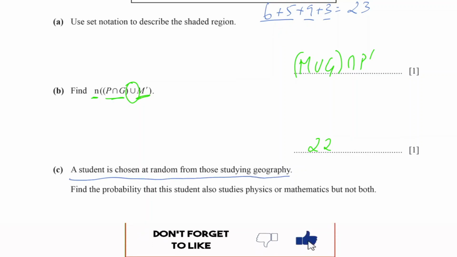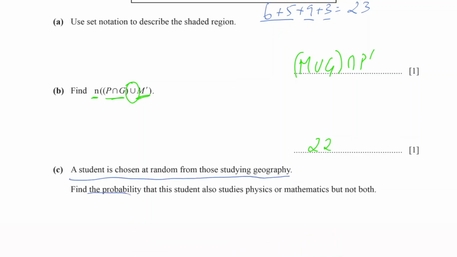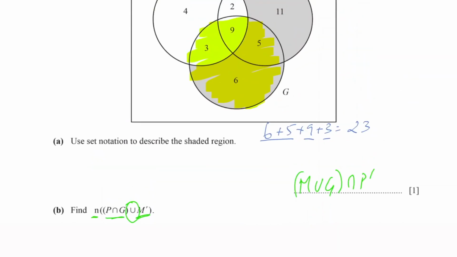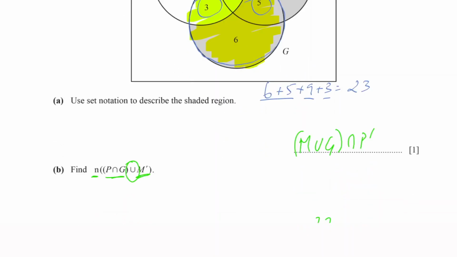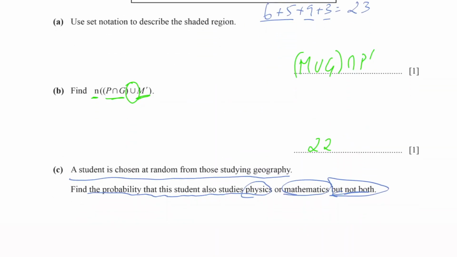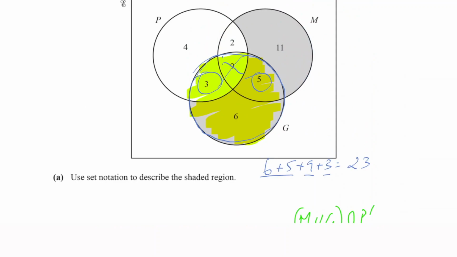Okay, from 23 students it's being selected. Find the probability that this student studies physics or mathematics, but not both. This student studies physics, this student studies mathematics, but not both.